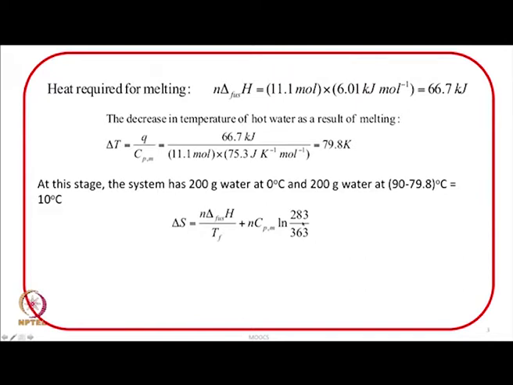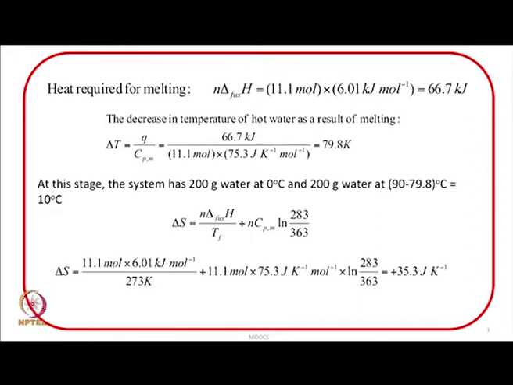T final is 283, which is 10 degrees Celsius, and T initial was 90 degrees Celsius, which is 363 Kelvin. Once you substitute these numbers for enthalpy of fusion, number of moles, heat capacity, the change in entropy is plus 35.3 joules per Kelvin.